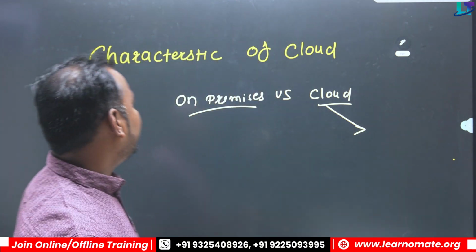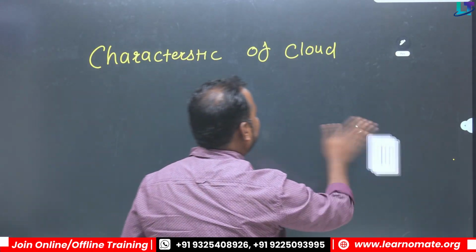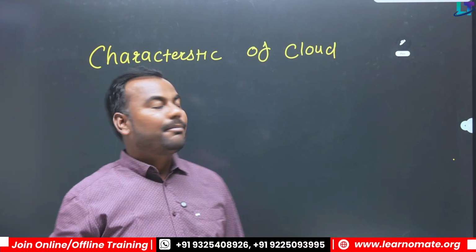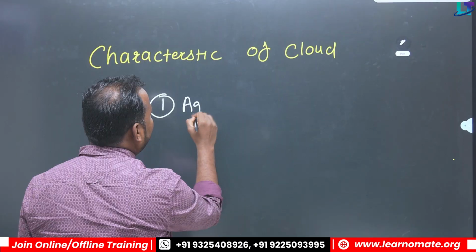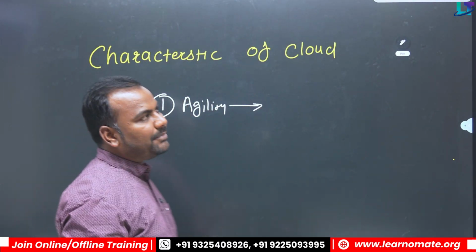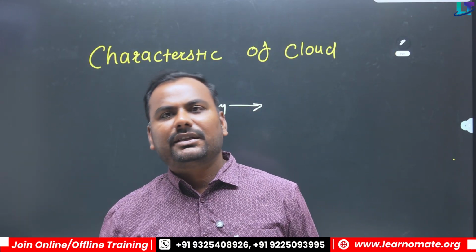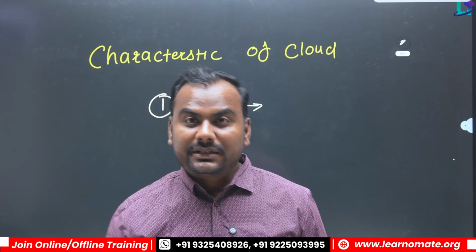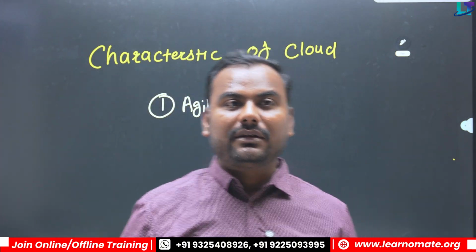Now we have decided that I want to go with the cloud. So what are the characteristics, what services am I getting by using the cloud? The main characteristic which I like is the agility of the cloud. For example, you say that I want one database. You don't need to purchase hardware or software.